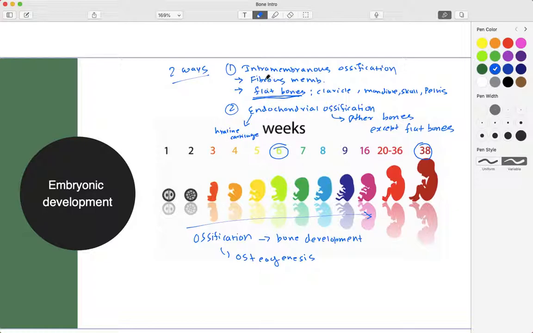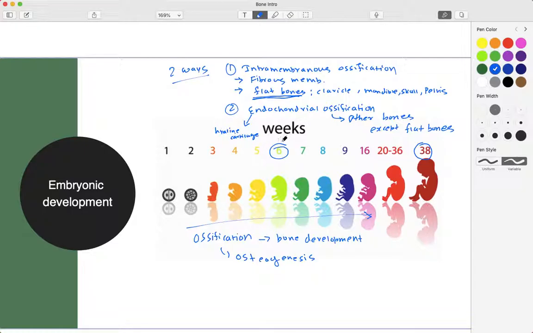Here, bone develops from fibrous membrane; here, bone develops from hyaline cartilage. That's important. We'll talk about endochondral ossification in the next lecture, where we can talk about the primary ossification center, the secondary ossification center, and those types of things.